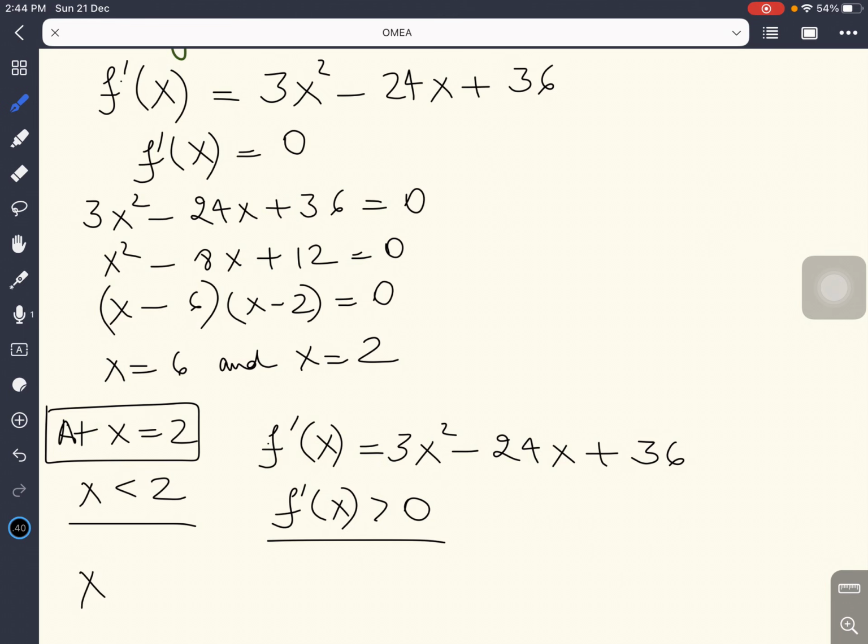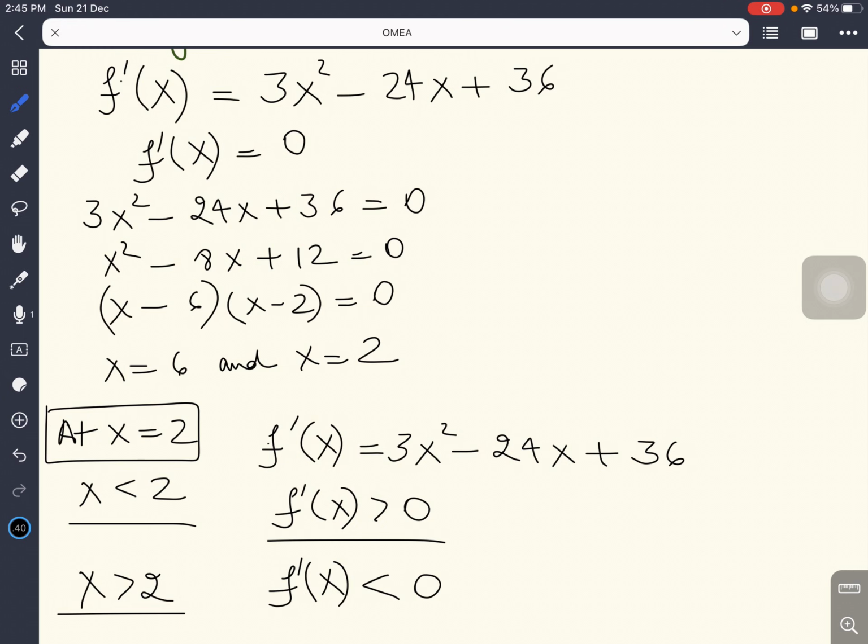For x values to the right of 2, let's look at x values greater than 2. We can put any value greater than 2, so let's say we put 3 instead of x. So this is 3 times 9, which is 27, minus 24 into 3 plus 36. So we are getting f dash x less than 0. So in the immediate neighborhood of x is equal to 2, this is the condition being fulfilled.